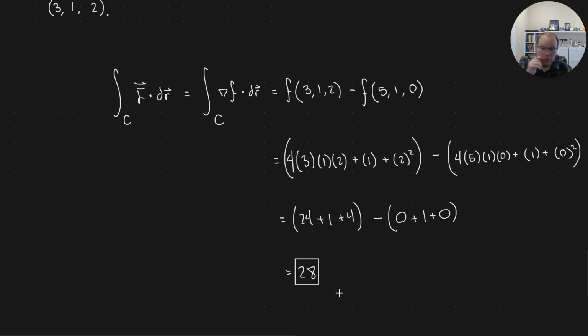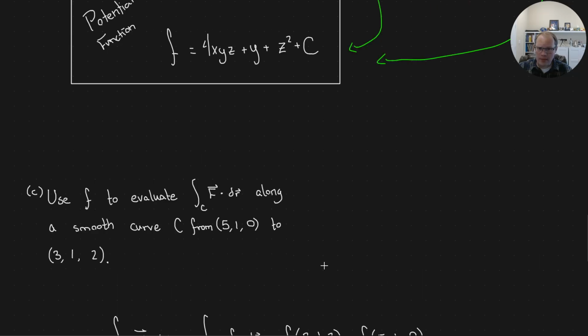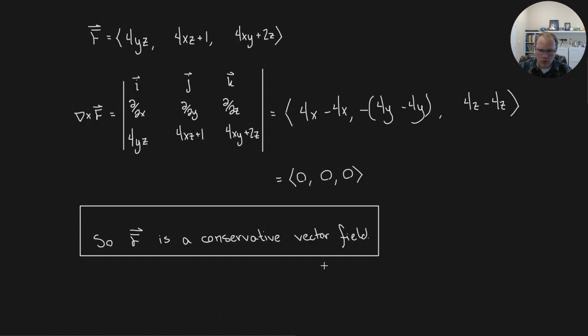All said and done, once you find the potential function, finding a line integral over any path becomes almost trivially easy. You just plug in the endpoints of the line into your potential function. And we have one more question.